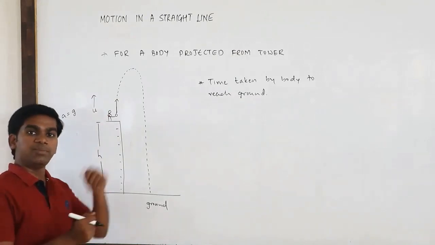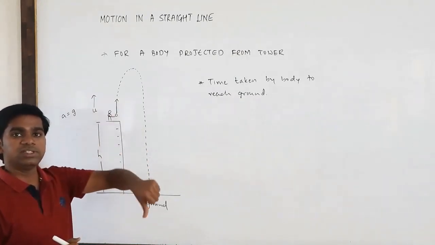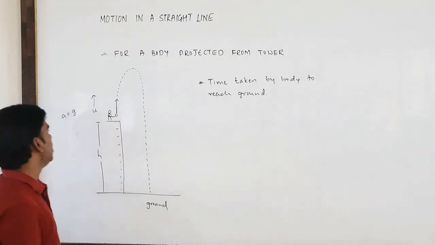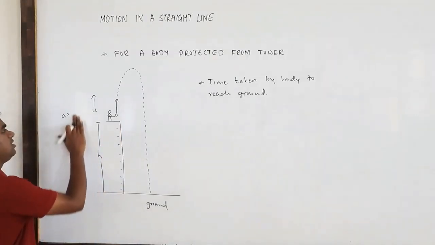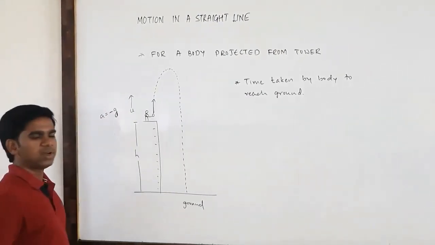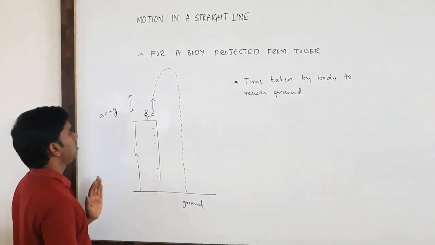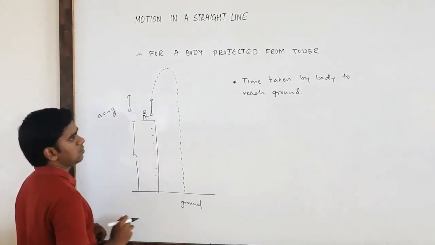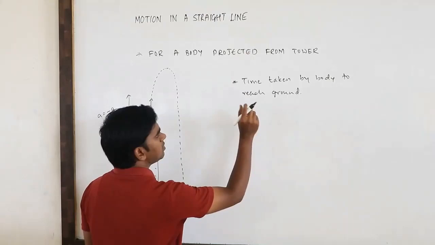When you throw upward, g is in the downward direction. So velocity and g are opposite. You have to take the acceleration as minus g instead of g. This we know, then h we know. What we have to calculate is the time.